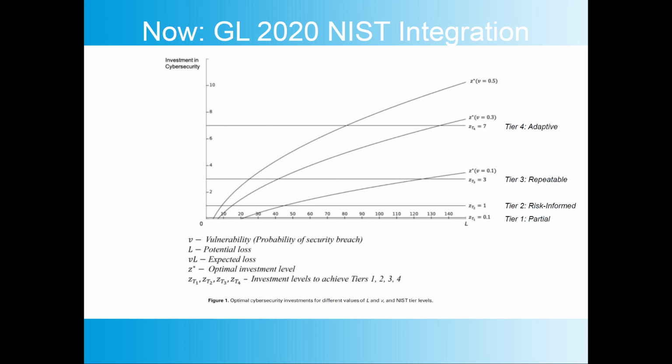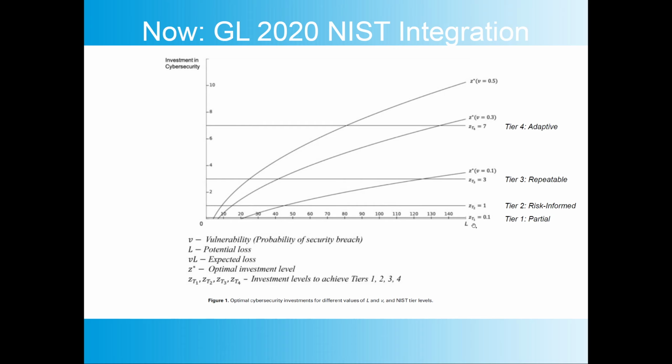So that's the foundation. They've taken this model all the way to this year and tried to integrate it in their latest paper with the NIST cybersecurity framework. They came up with these investment curves, starting from tier 1, tier 2, tier 3, and tier 4 on the right.